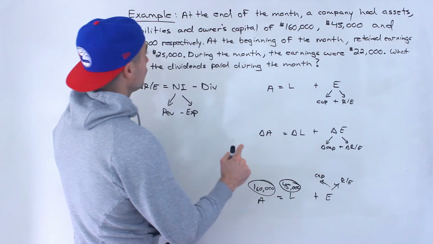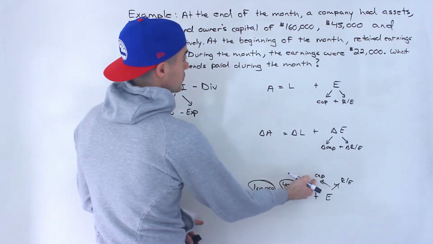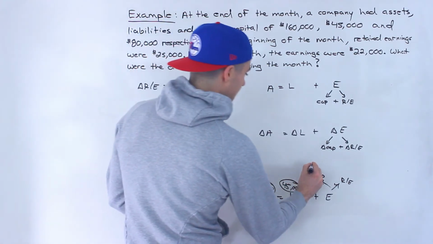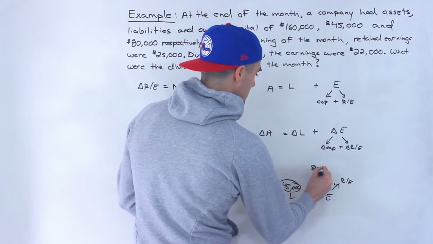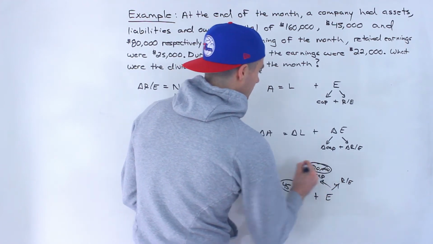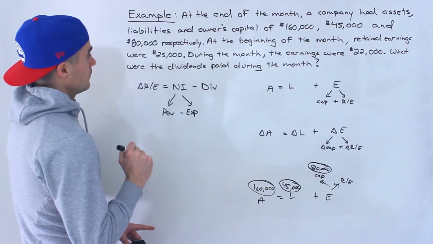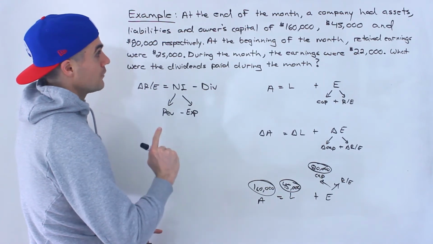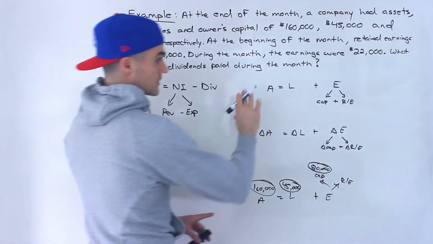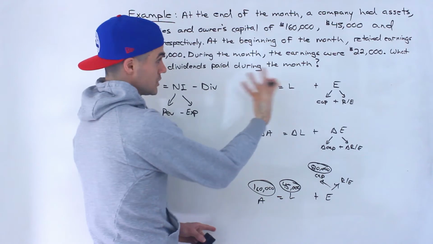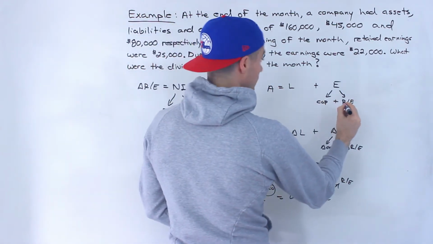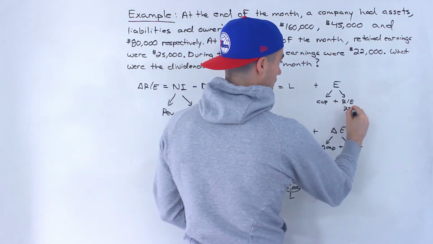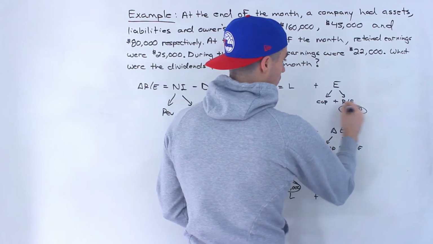And then we're told the owner's capital at the end of the month. So this portion over here was $80,000. So this here is $80,000. And then we're told at the beginning of the month, the retained earnings are $25,000. So at the beginning of the month on the balance sheet, retained earnings $25,000, which is here, this portion.